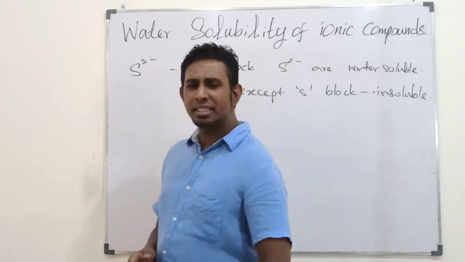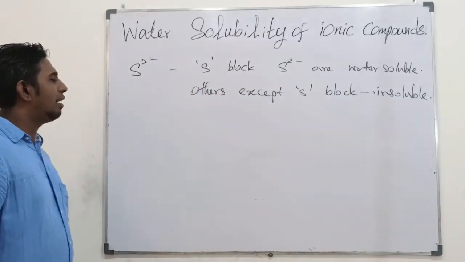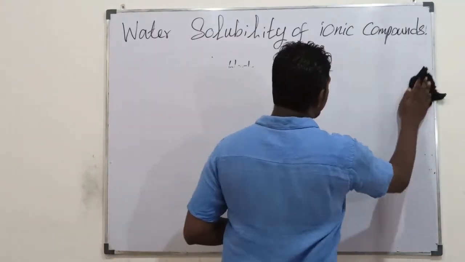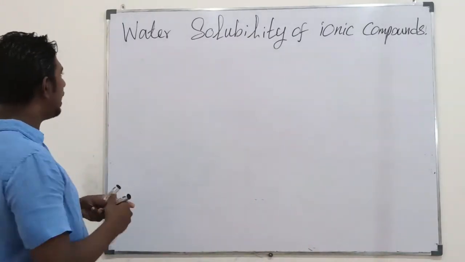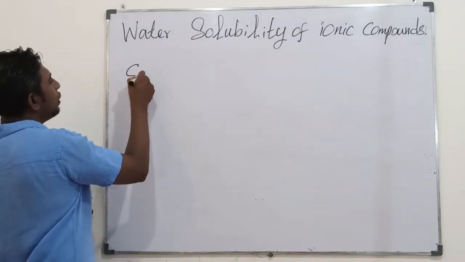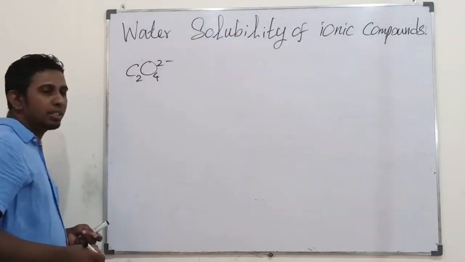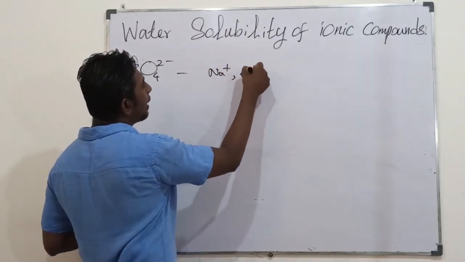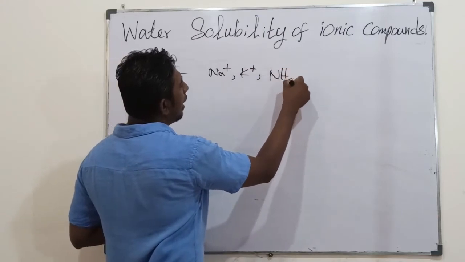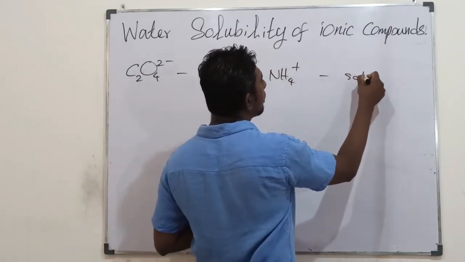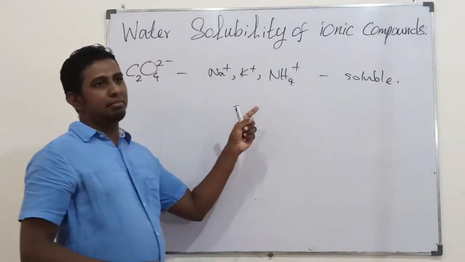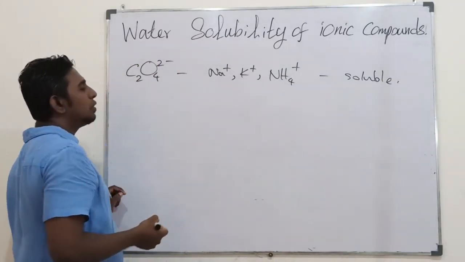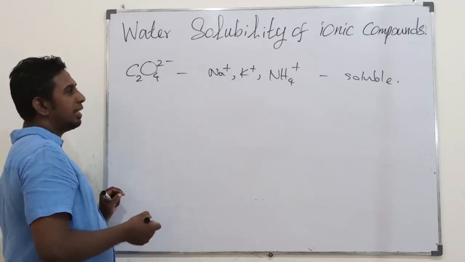Easy. So let's take a look at the water solubility of oxalates. Students, what are oxalates? C2O4 2 minus ions are oxalates. The oxalates of sodium, potassium and ammonium are water soluble, as they are the lucky cations. Then down the second group, water solubility decreases.